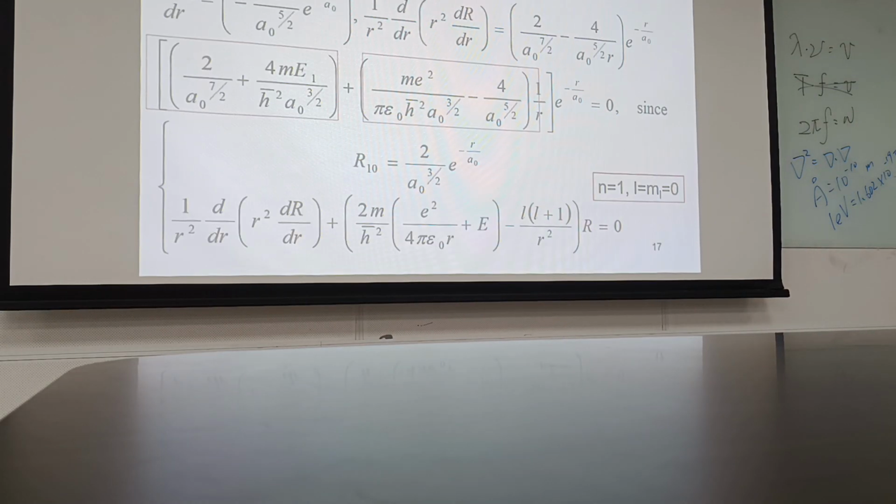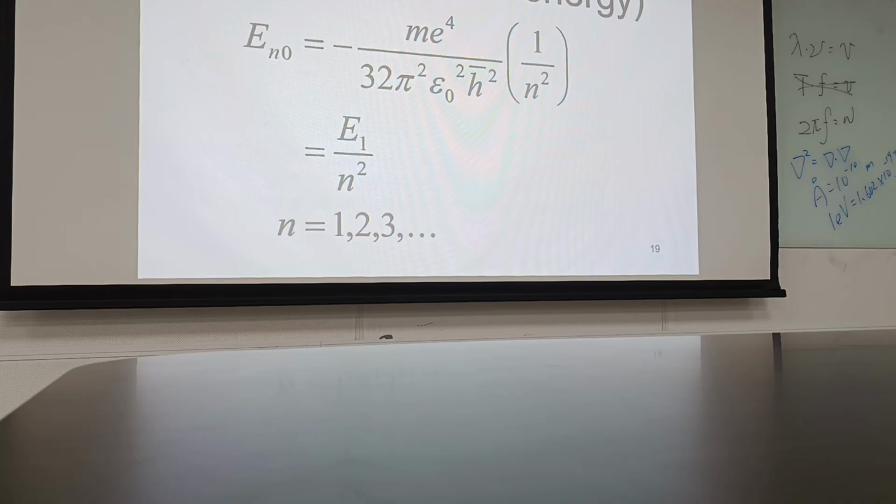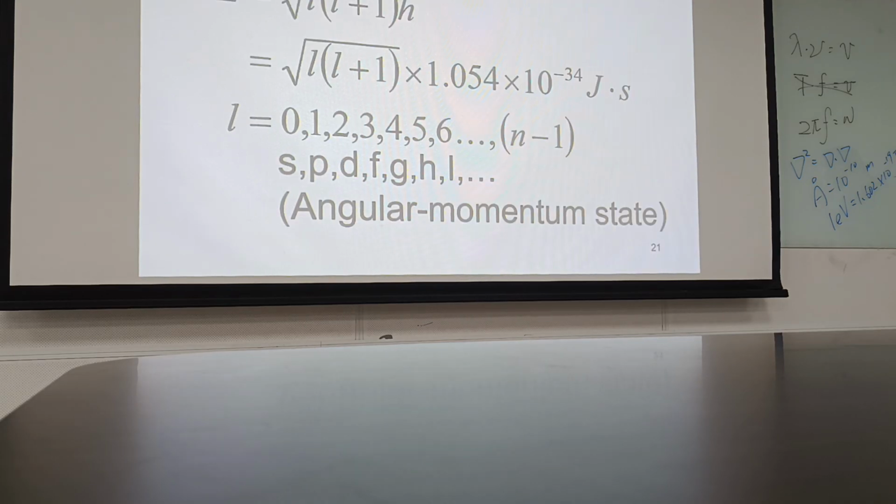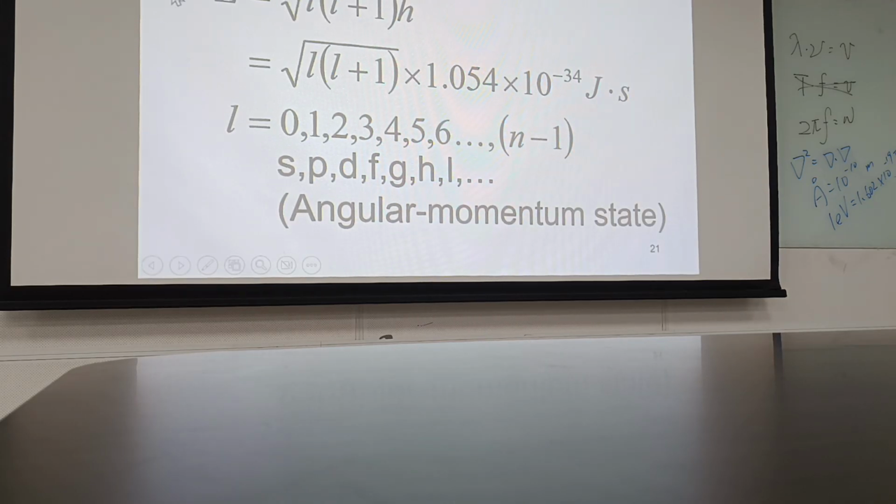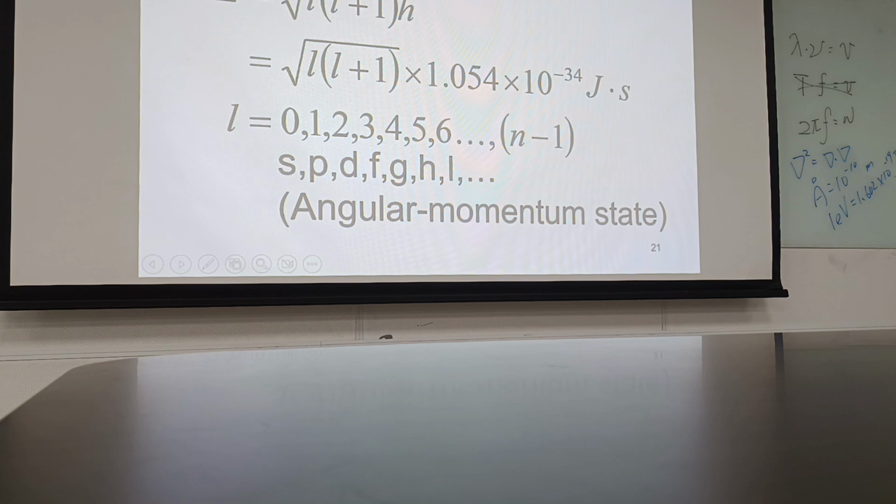Now we are going to talk about what L and ml are. This is uppercase L. We define it equal to the square root of lowercase l times l plus 1, times h bar. We call this the angular momentum state.